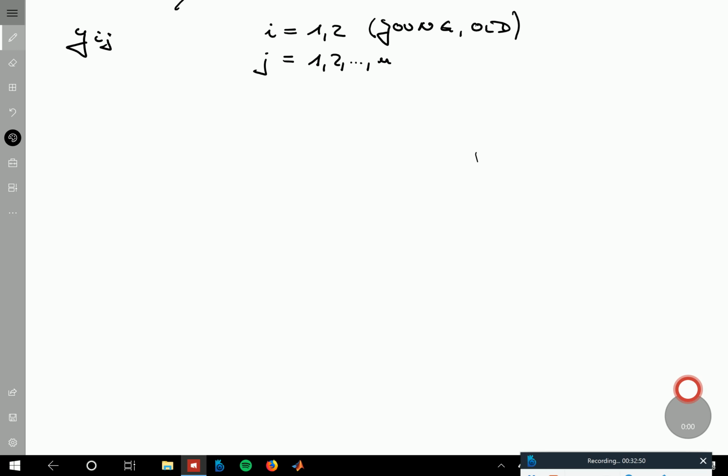We label by i the levels of the discrete factor, so that can be 1 and 2 for young and old. And j just indexes the number of the data point within the ith group, so the participant in the ith group.